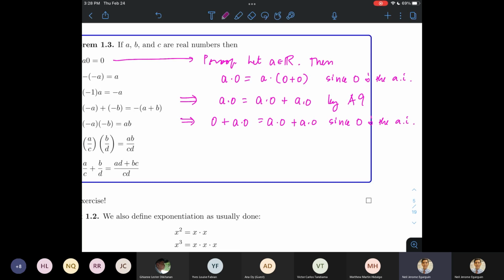Sinulat ko siya, sinet up ko siyang ganyan para magamit ko yung addition cancellation law. Alright? Kasi meron akong dalawang equal na bagay. Alright? Tapos, magkaparehas yung inadd ko sa kanilang dalawa. Okay?